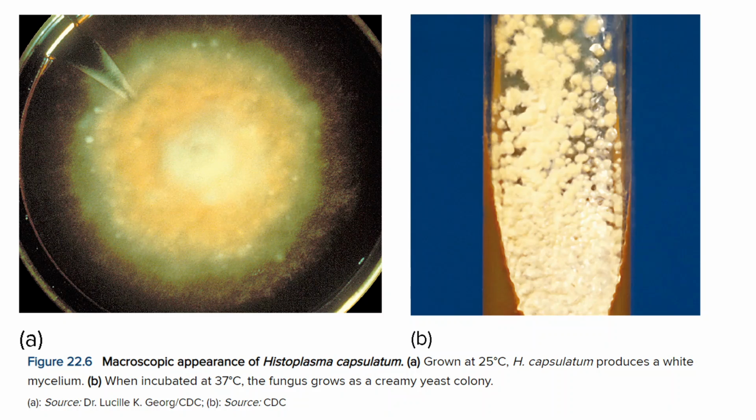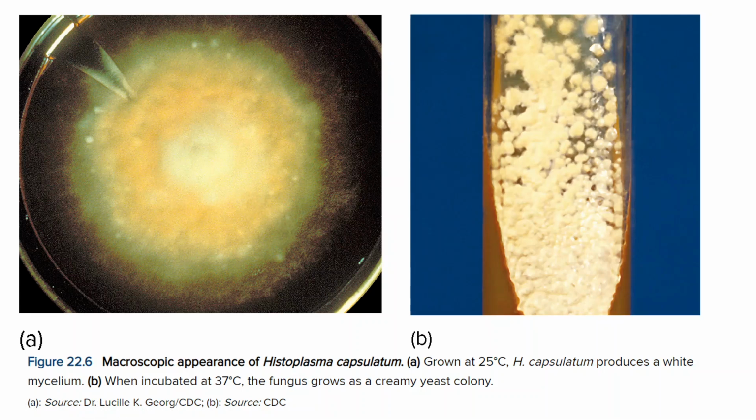And so this is just a nice photo showing you what it would look like out in the open, right? So this is Histoplasma capsulatum in its hyphal stage. It says typically it'll be at 25 degrees Celsius, so 77 degrees Fahrenheit.